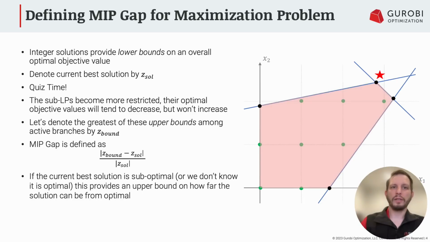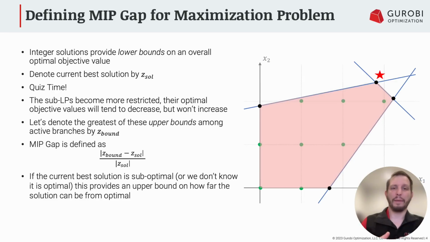If the current best solution is suboptimal, so we're not quite there yet, or we don't know that it is optimal because maybe we got that solution but we have more branches to explore, this provides an upper bound on how far the solution that we have now can be from optimal.